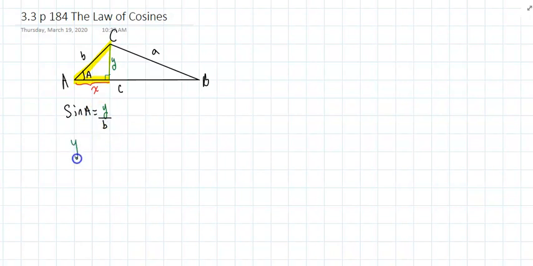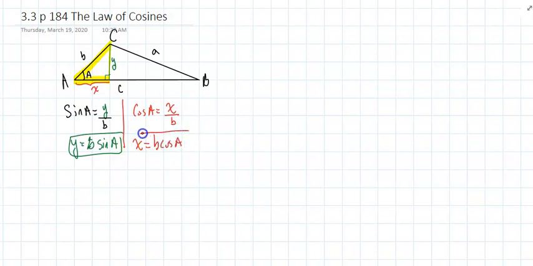So pretty much y is b times the sine of A. And if I look at this problem again and proceed with the cosine of A, that would be the adjacent, which is x over b. And if I cross multiply, x would be b times the cosine of A.